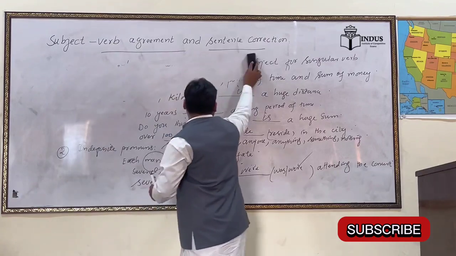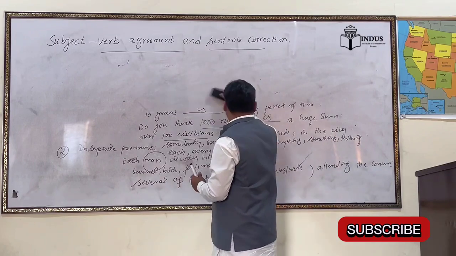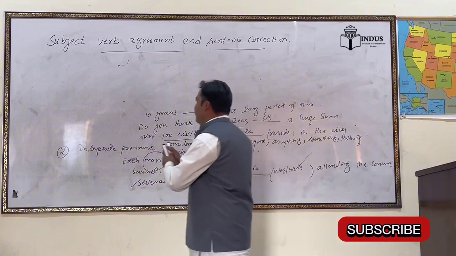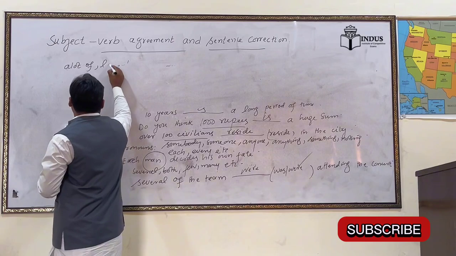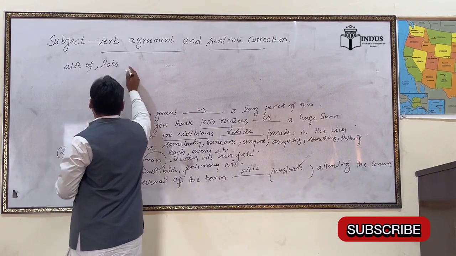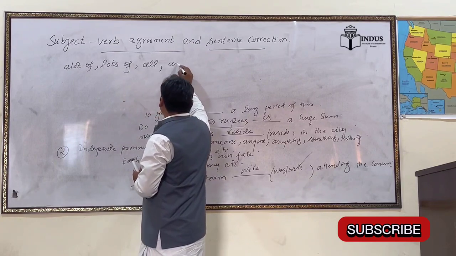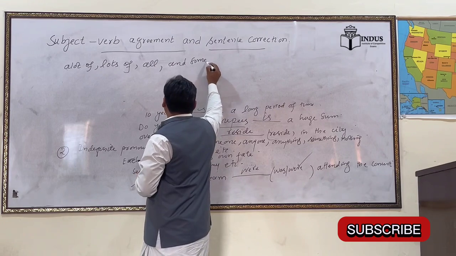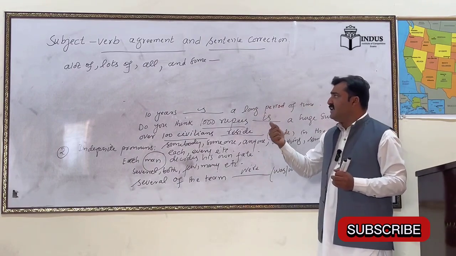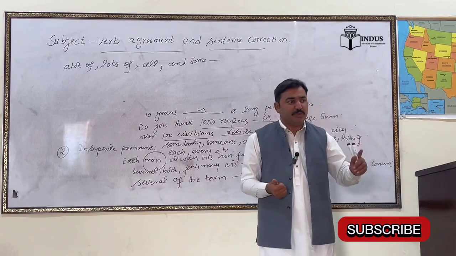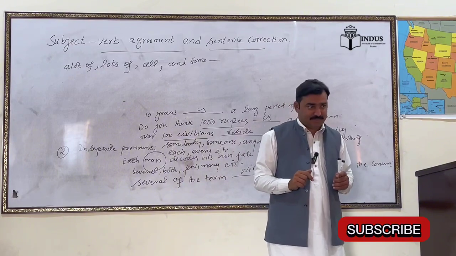Now there are some other pronouns, and these are, by the way, adjectives: a lot of, lots of, all, and some. In this case, these adjectives can be treated as singular and these adjectives can be treated as plural subject.